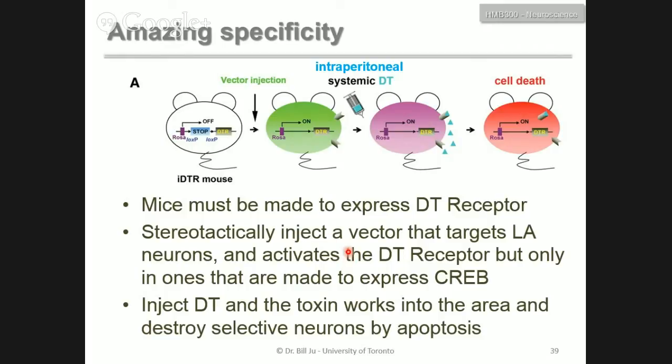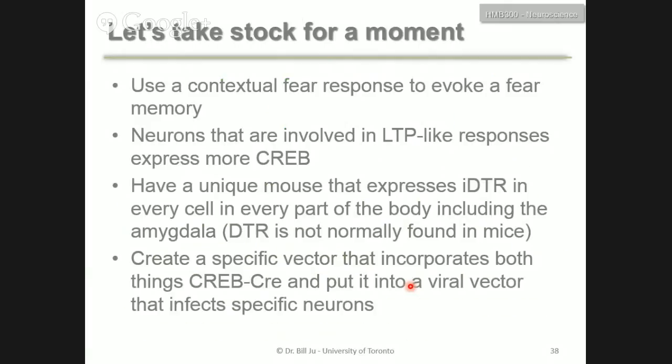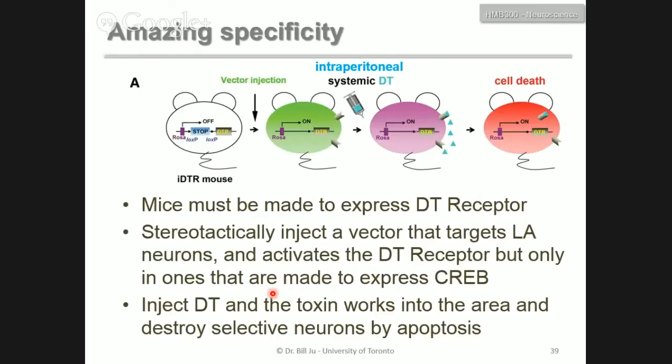Can we inject a vector that targets the lateral amygdala neurons and activates the diphtheria toxin receptor, but only the ones that are expressing CREB? Well, I told you on that previous slide that one of the things that we want to do is introduce CREB and at the same time introduce Cre recombinase. So hopefully now you'll start to be able to put together some of these different pieces.